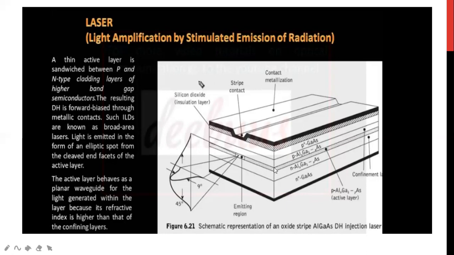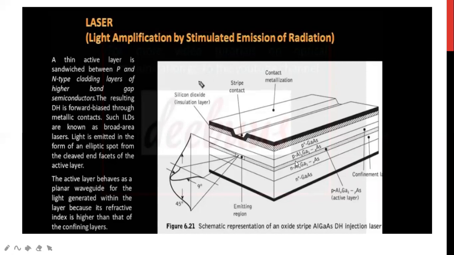This is the active region. Because of this double heterostructure, there is a variation in the material construction. It is not the same. Because of this, there will be a change in the band gaps, a drastic or rapid change in the band gap.